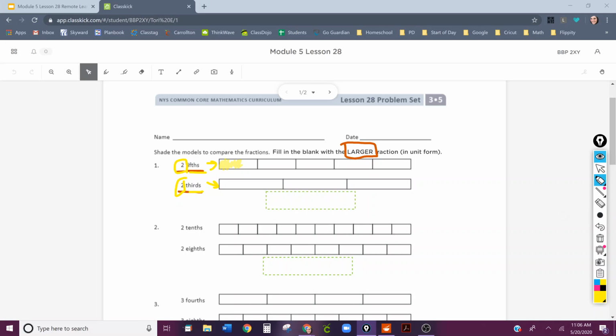Let's make this a little bigger. One piece, 2 pieces. Okay, I'll shade 1 piece, shade 2 pieces.